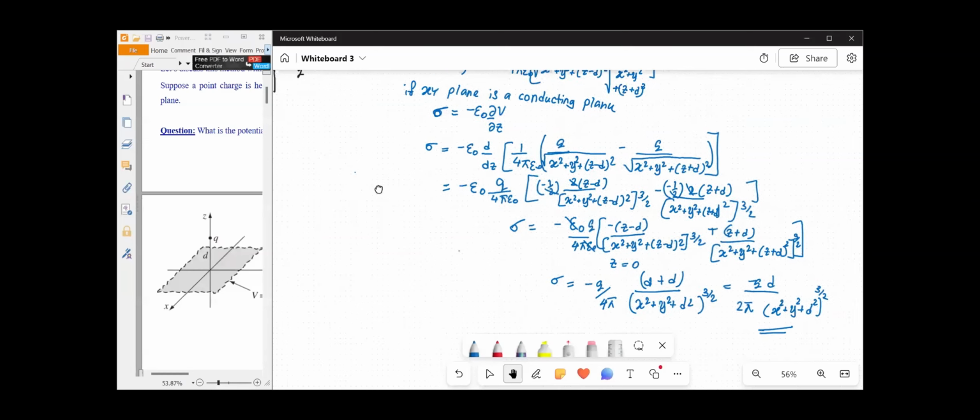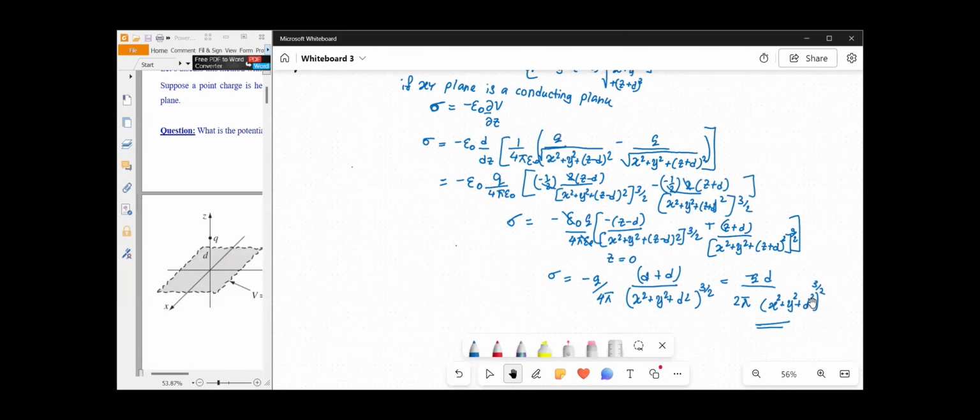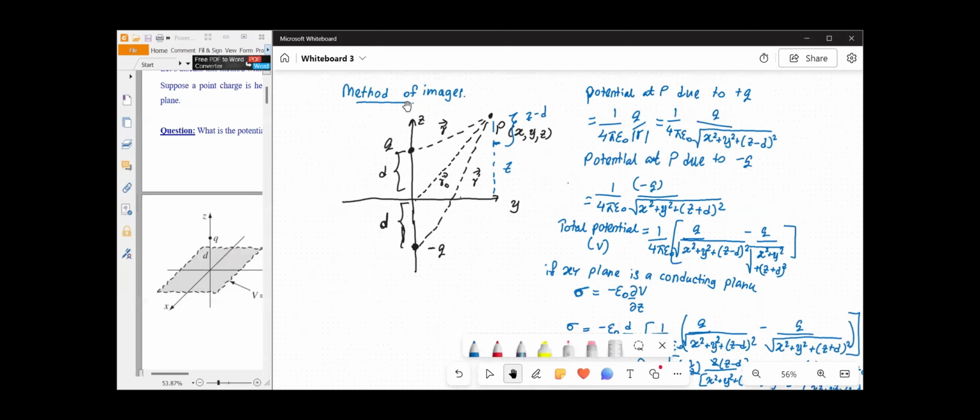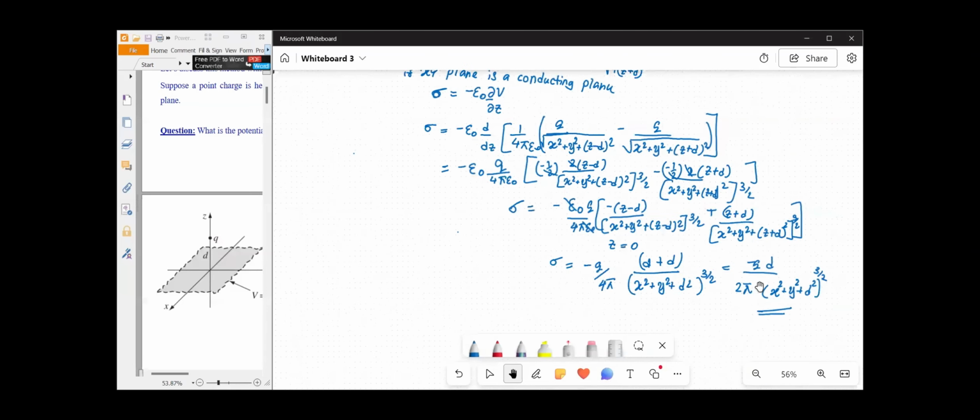So what will happen if we increase the distance d, and if I reduce the distance d, what will happen? And also this charge distribution depends on x and y.